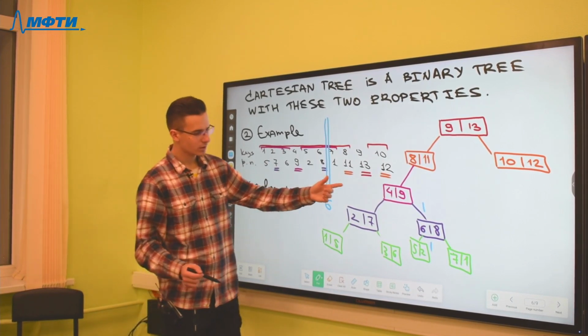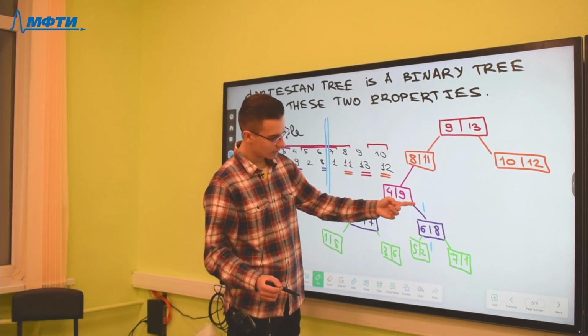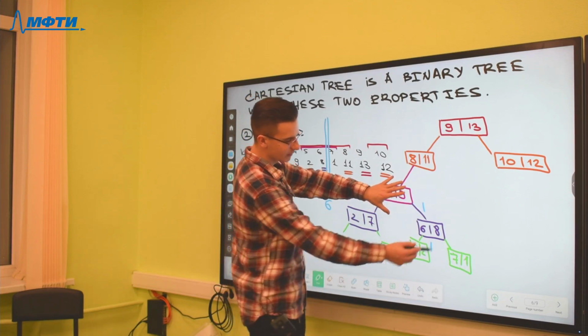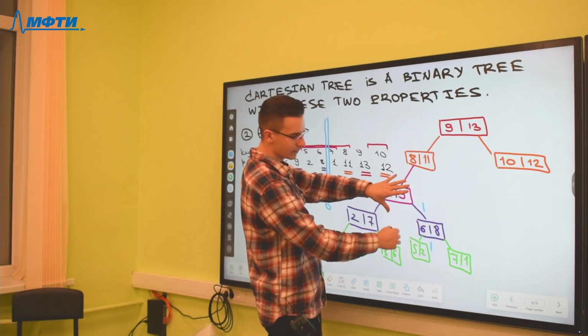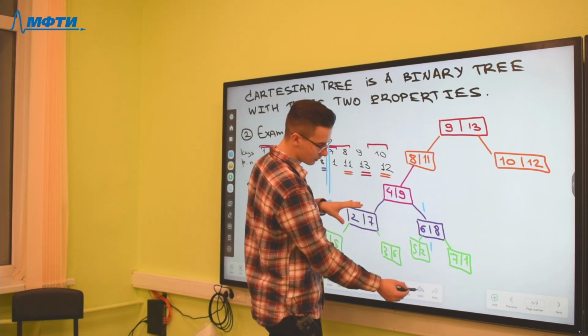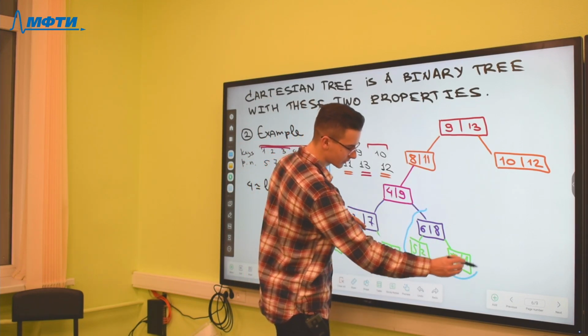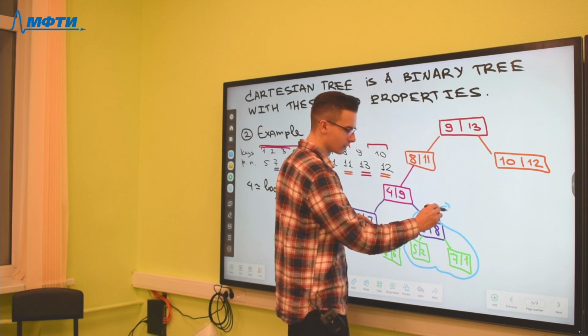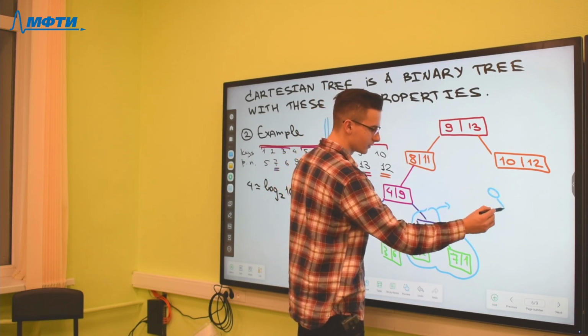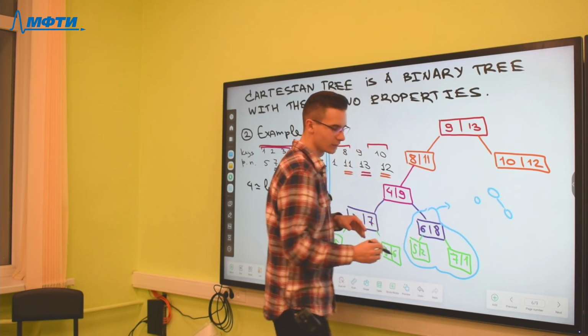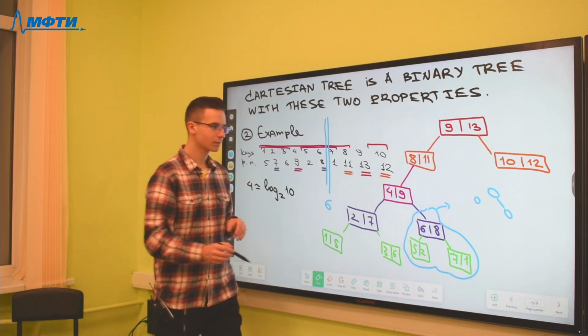So if we split this tree, we get such subtrees, yeah.